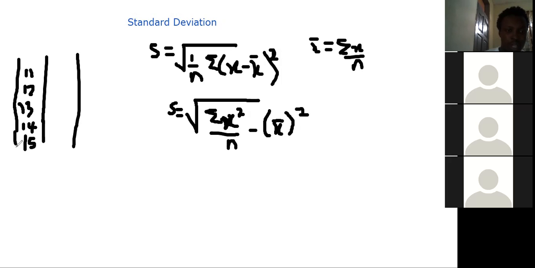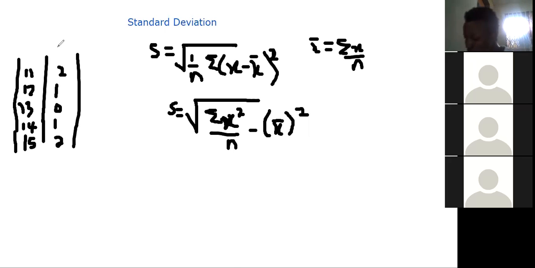That mean to be 13, and what do we get for this side? We had 2, right? And we had 1 here, and we had 0, and we had 1 here, and we had 2 here.